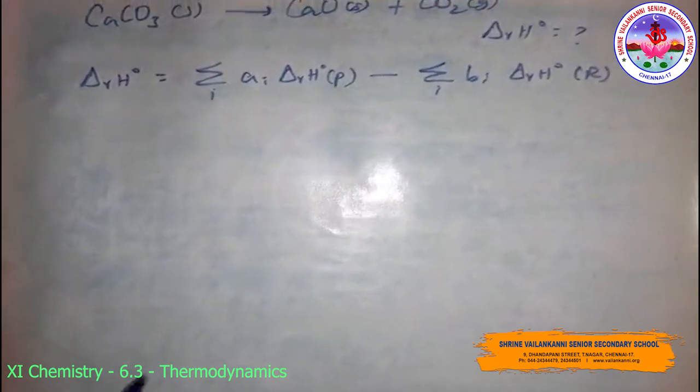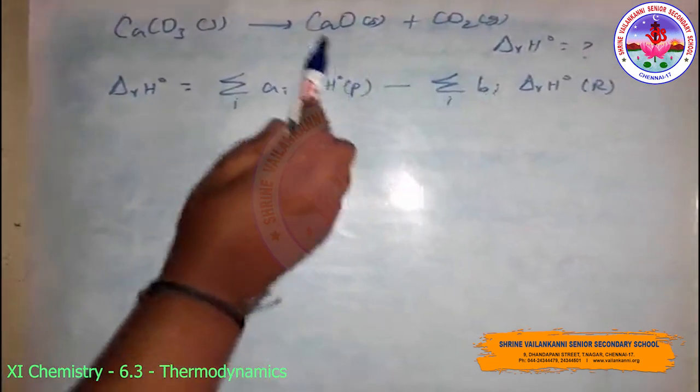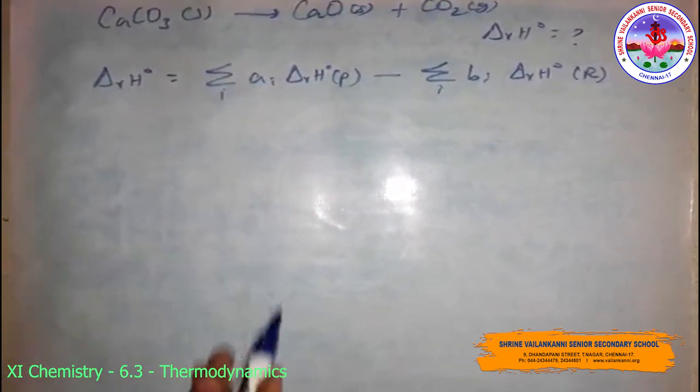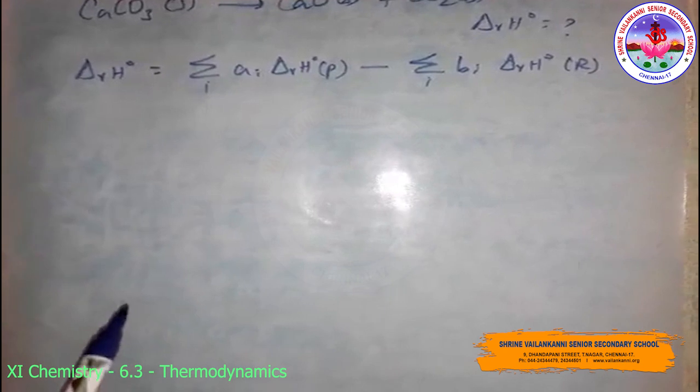Here a and b are the stoichiometric coefficients, that is the coefficients of the products and the reactants.